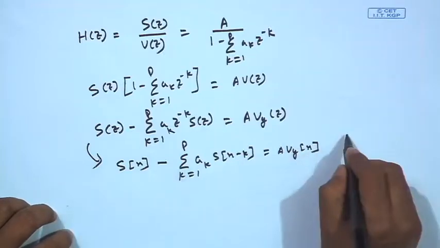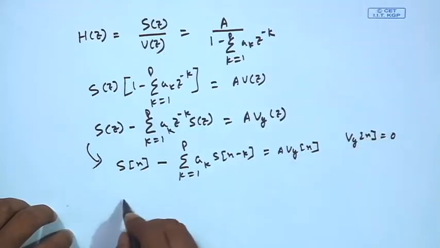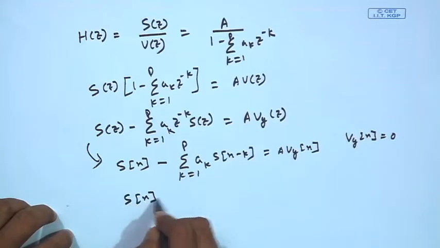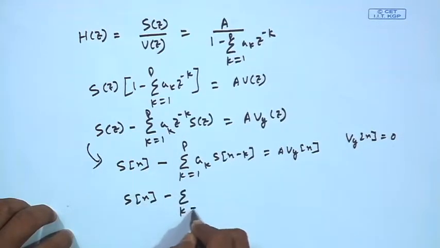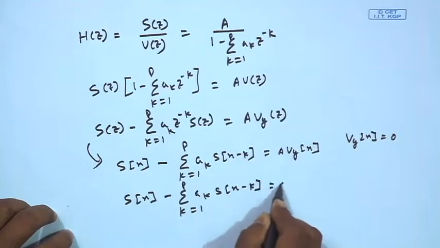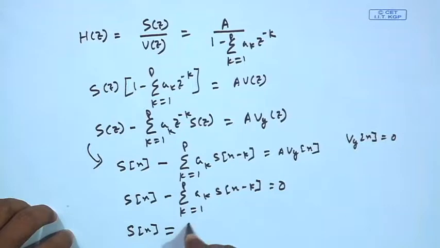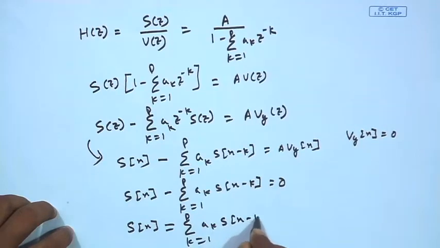Now, if I consider that u_G(n) is equal to 0, then I can say s(n) minus the sum for k equal to 1 to p of a_k s(n minus k) is equal to 0, or I can say s(n) is roughly equal to the sum for k equal to 1 to p of a_k s(n minus k).